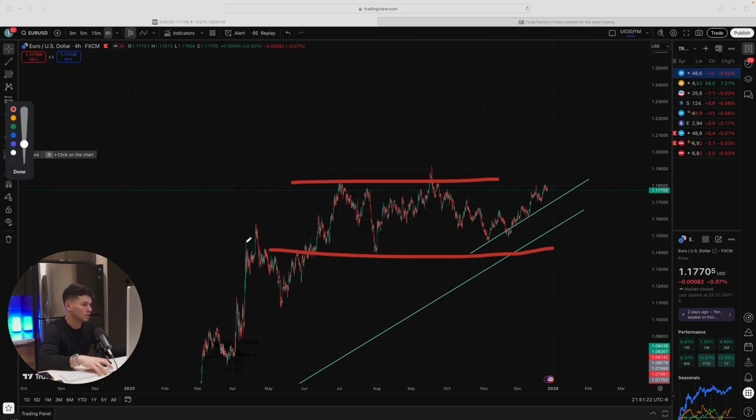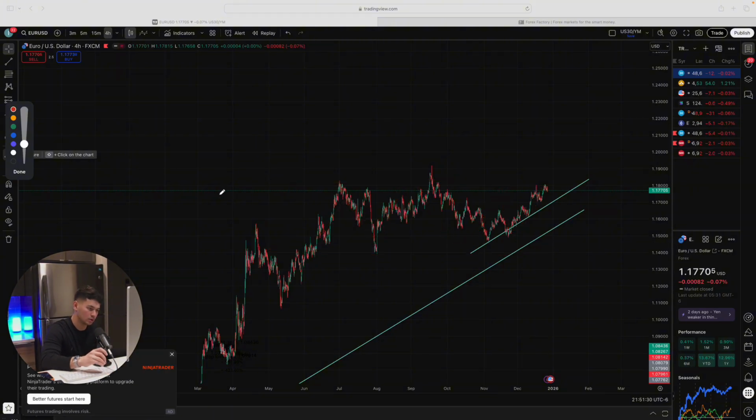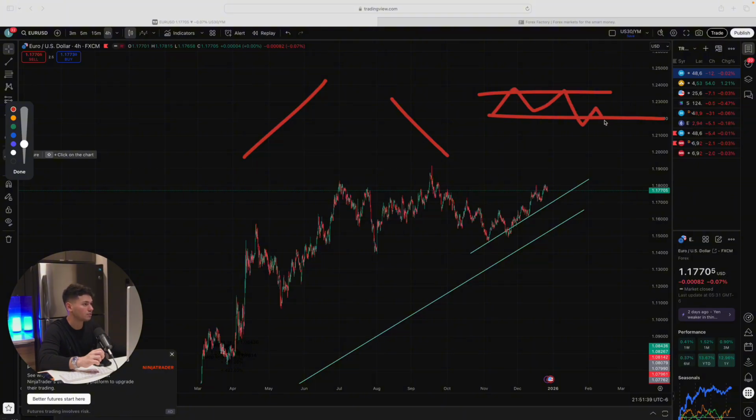This could be confluence. Confluence only means that the market has not yet decided what it wants to do. A lot of people think that we are only bullish or bearish, but most people forget about the confluence stage of the market.